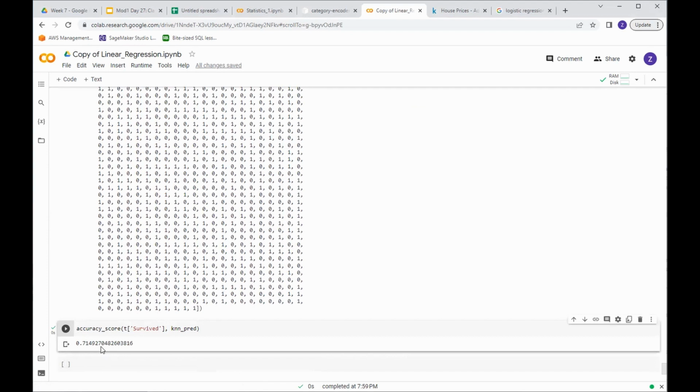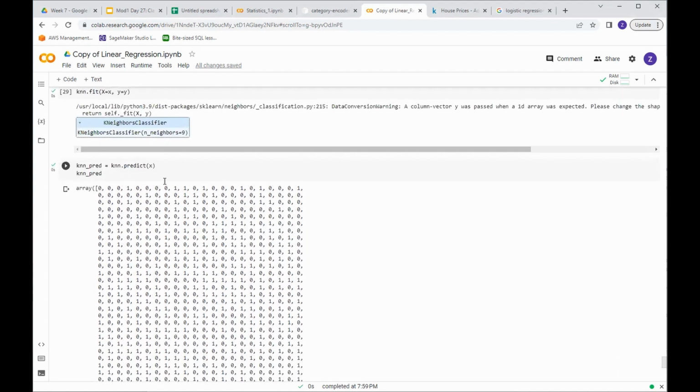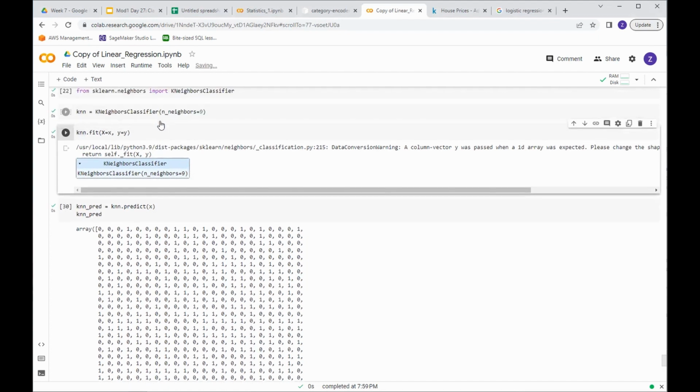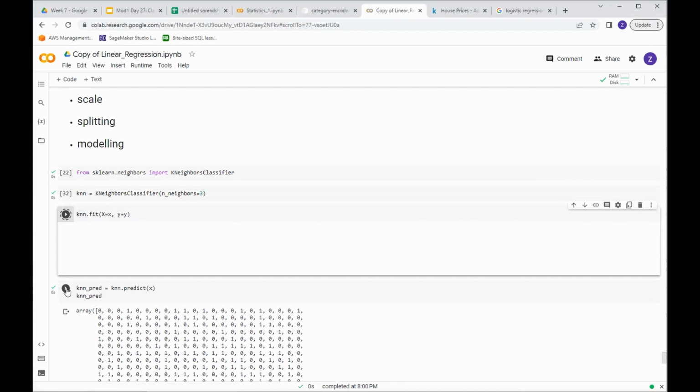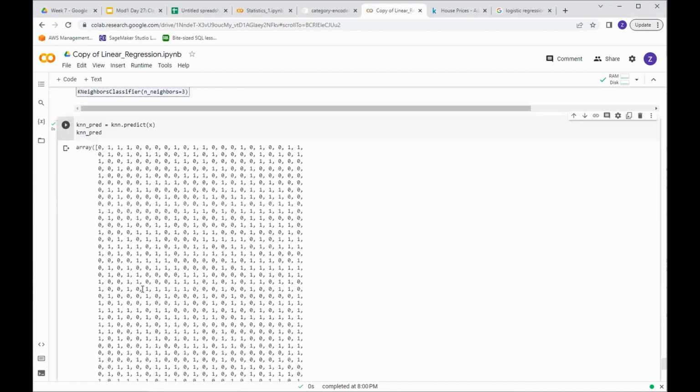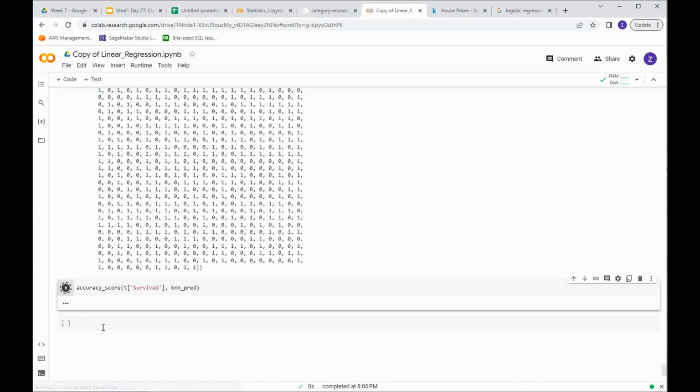So changing the number of K, or number of neighbors to base your decision on, is basically a parameter that you can tune to see what kind of accuracy you get, or where you get the best accuracy. Let's go down a little bit, and instead of 9, if we go with 3, if we base it on 3, what kind of accuracy do we get? 75. So even 3 is giving you better than that.